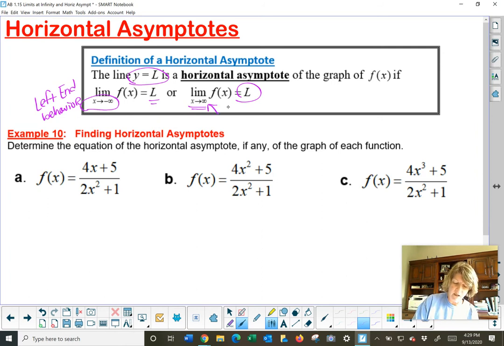And of course, this is going to be right end behavior. It gives us a quick way to analyze what our function is doing on the far reaches.